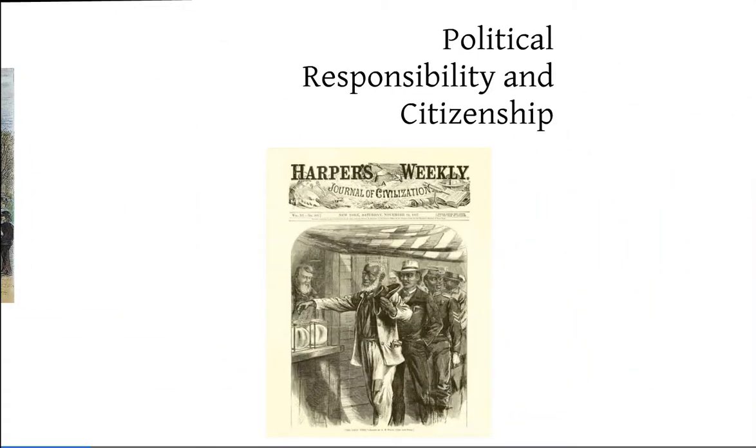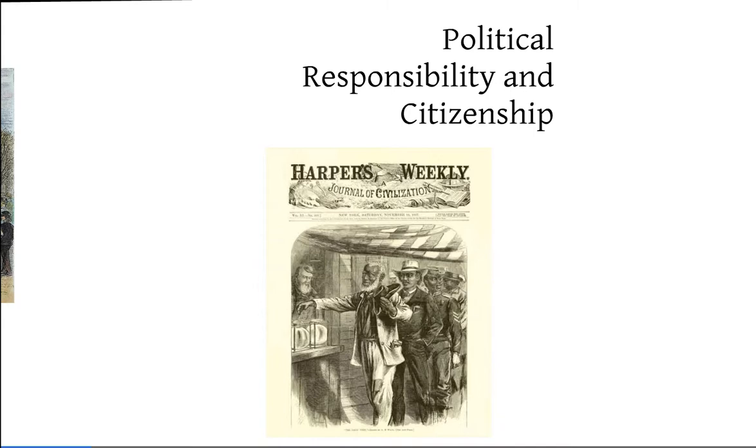There was also a time of political responsibility and citizenship. This from Harper's Weekly, called The First Vote, demonstrates various types of African Americans now that they had the franchise, the vote, and they're exercising it and how this would affect them politically and their decisions for the future.